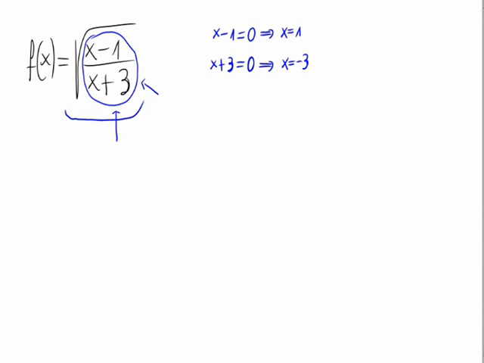So, what is going to happen is that studying the sign of the intervals separated by those points that are not in the domain of the function will tell us the real sign of this fraction. So let's represent x equal 1 and x equal minus 3.